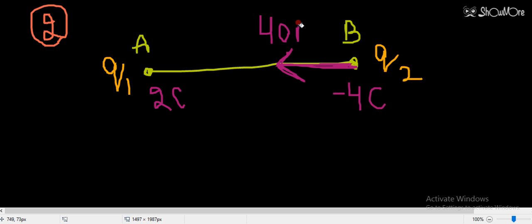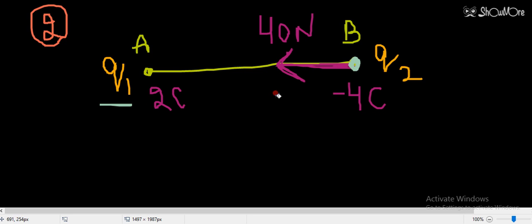Now in the question it is asked, find the electric field due to Q1. Listen to the question. Find the electric field due to Q1 at point B. When you have to find the electric field due to charge Q1, then Q1 will act as the source charge, and this minus 4 coulomb will act as the test charge.